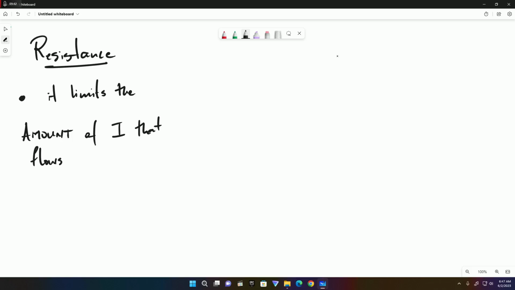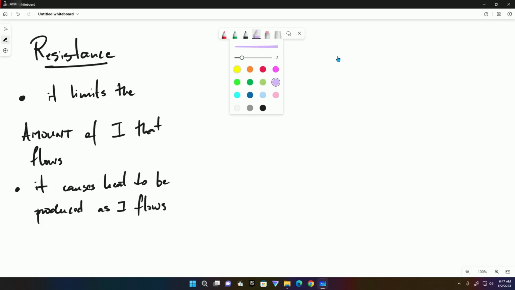And the second thing it does is it causes heat to be produced as current flows. These are the two main effects of resistance.